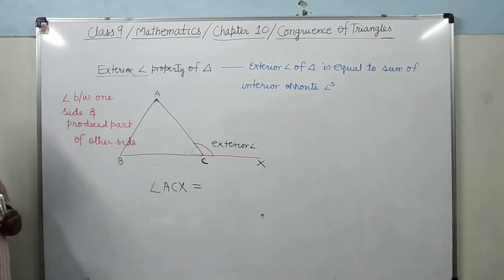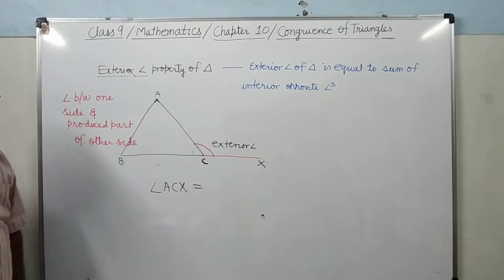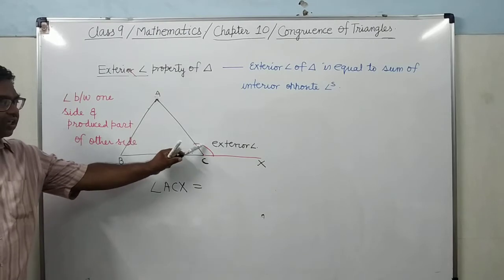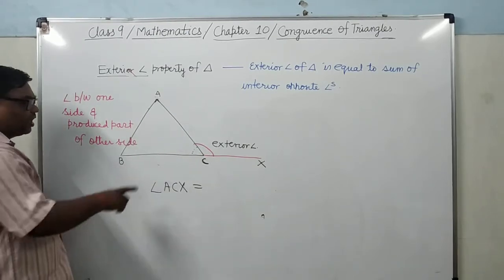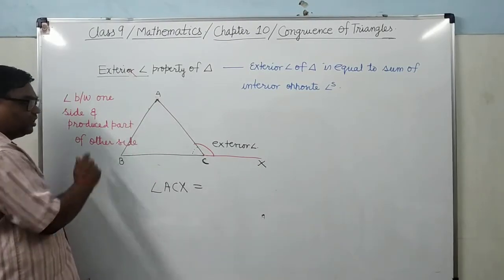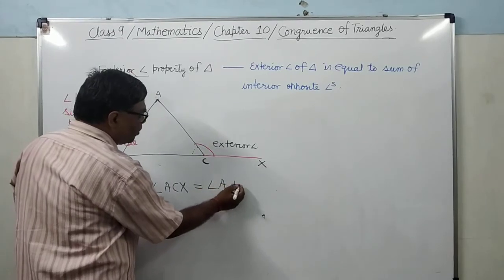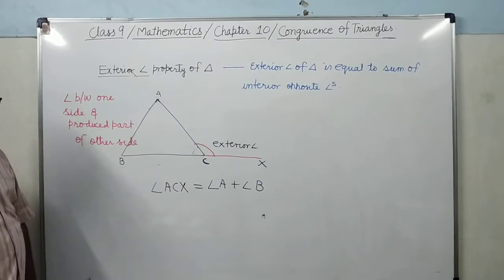Angle C cannot be opposite to the exterior angle at C. This dotted angle is adjacent to this. So which are the two opposite interior angles? One is angle A and the other is angle B. So you can write it as angle A plus angle B.